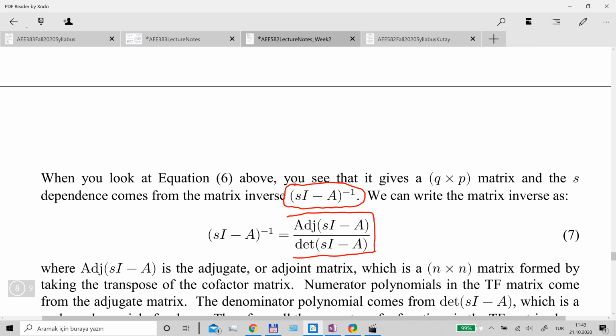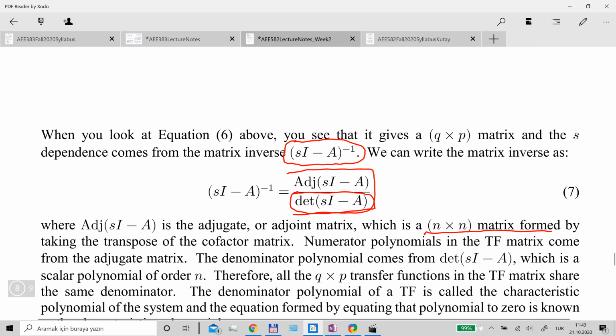If this was a matrix, then obviously you wouldn't be able to write it in the form of division. It would have to be an inverse matrix. But since this is a determinant, it's perfectly fine to write it as a division. So the adjugate gives you an n by n matrix, and this matrix will have elements of variable S. And then you divide each of these elements by the determinant of sI minus A.